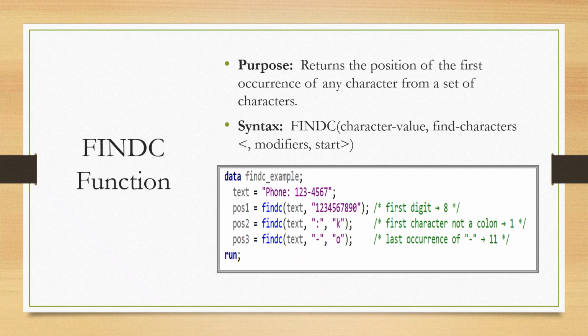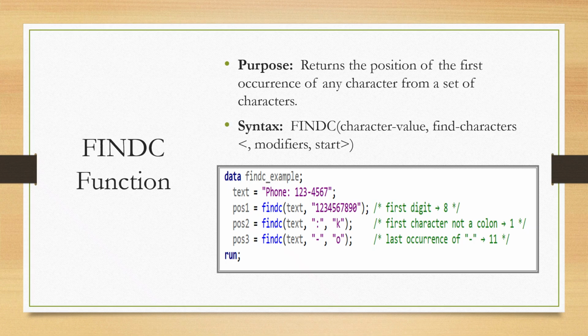Let's understand the FINDC function with an example. Again, here I'm having a character value populated as a text variable, which is a phone, then a semicolon, space, then a 123 hyphen 4567 value. So this is an alphanumeric character value, which also has some special characters.